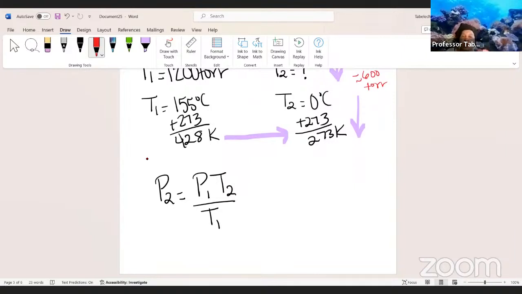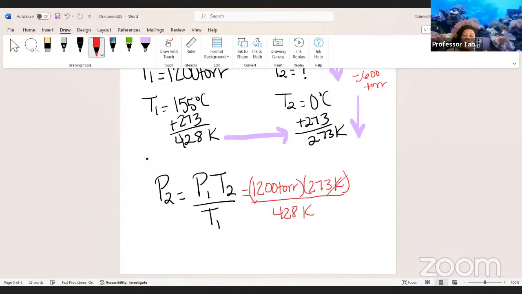Okay? So here we go. P2 equals, so P1 was 1200 torr. T2 was 273 Kelvin. T1 was 428 Kelvin. All right, let's get rid of the K's because we don't need them anymore, but let's plug in what we know, okay?